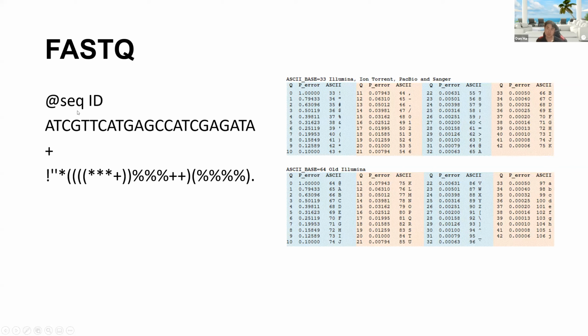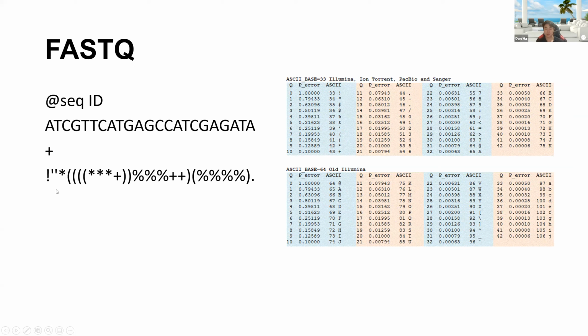So at the top, you will see your sequence ID with the @ sign at front, and in the second line, you will have your base calls. Third line is just a random placeholder, and the fourth line has a quality value for each of this base.